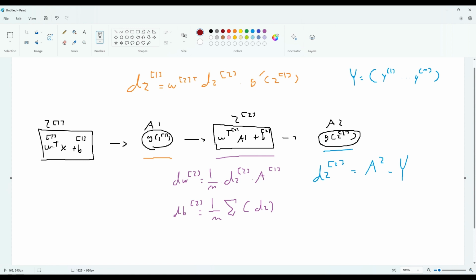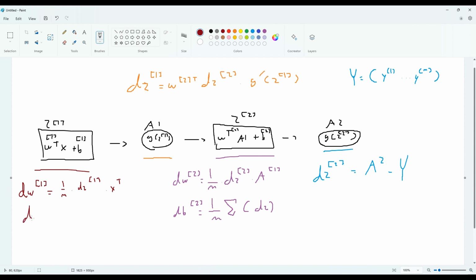And then let's do this one. The derivative of w1, similar to logistic regression, is just going to be 1 over m times the derivative of z1 times all of our x's, transposed, obviously.